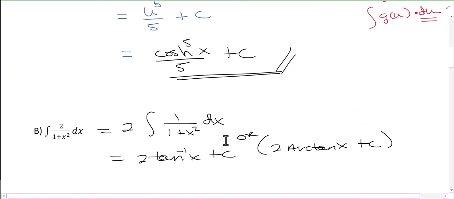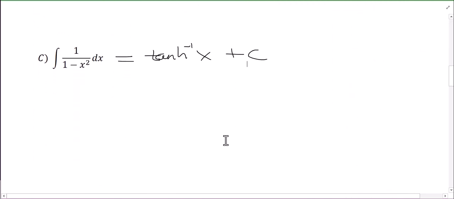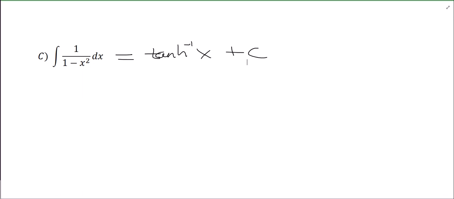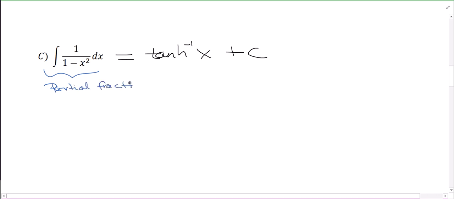So for example, in part C, when you are in Calc 2, you will be asked to solve this using a method that is called partial fractions. That is the other method that this can be solved, which is a very lengthy method. But knowing that this is the derivative of a hyperbolic inverse function can shorten all of this work.